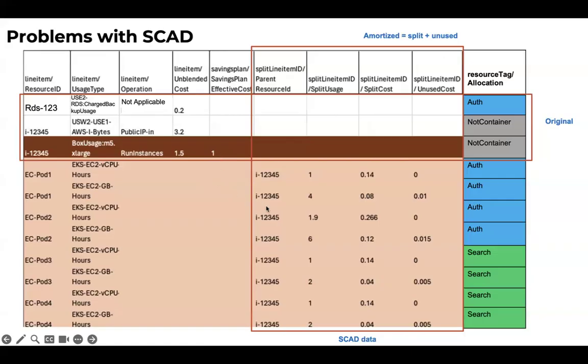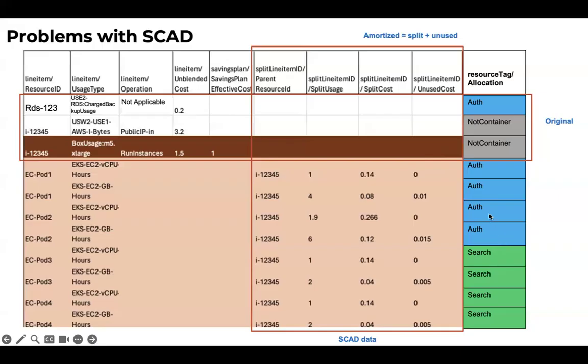But SCAD doesn't provide this flexibility of selecting the EC2s to split, because splitting like this, as you can see, is going to explode the CUR. So that's another problem. But the data that SCAD is generating cannot be aggregated using cost allocation tags in any straightforward manner that I can see.